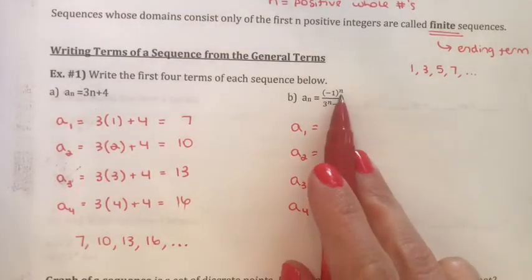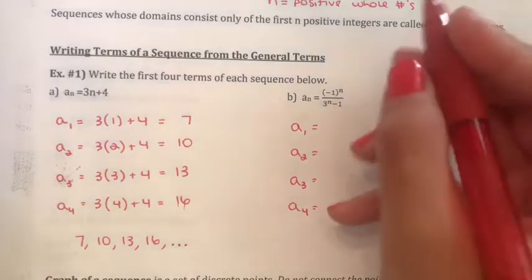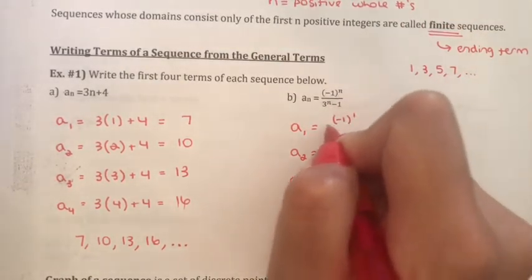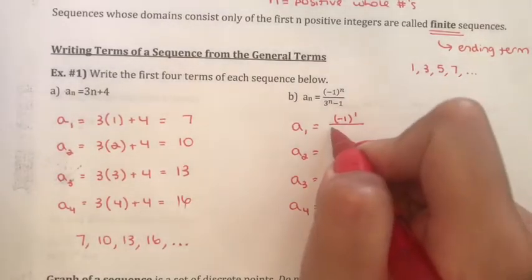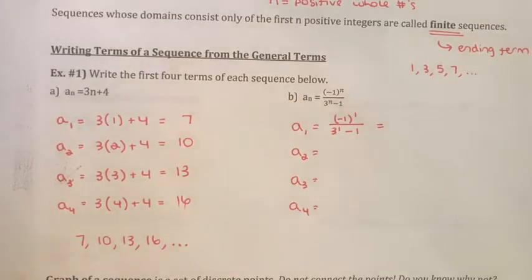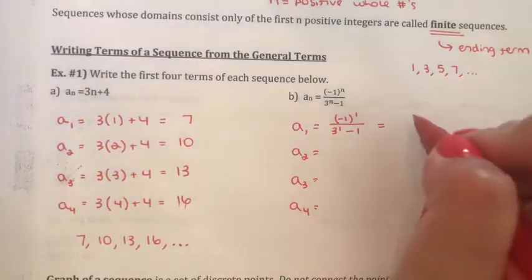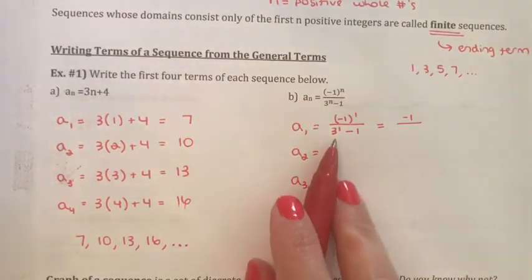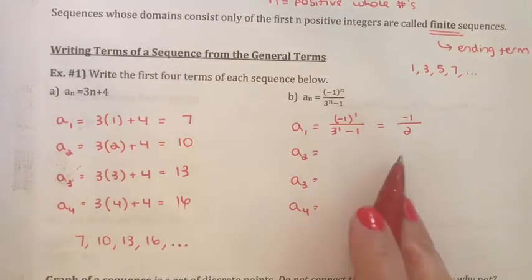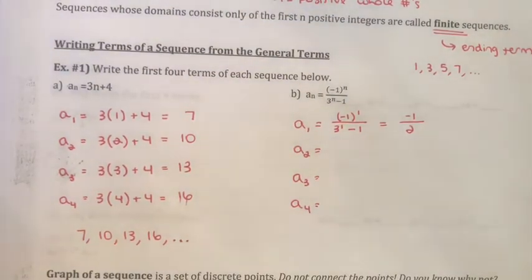So we're going to plug 1 in anywhere you see an n. So we've got -1 to the first power over 3 to the first minus 1. Now I want to simplify that. So that gives me -1 on top. 3 minus 1 is 2. And so that can't be simplified any further, so that would be our first term.